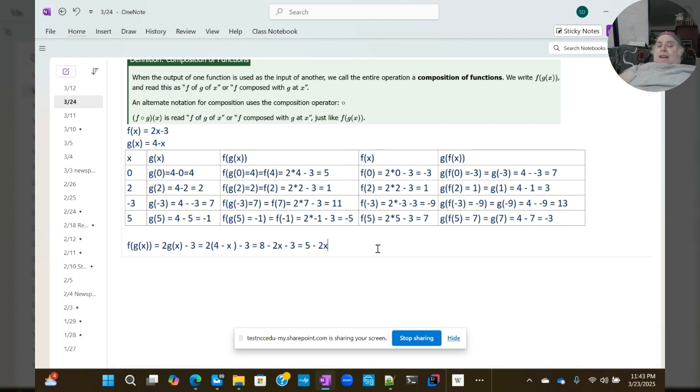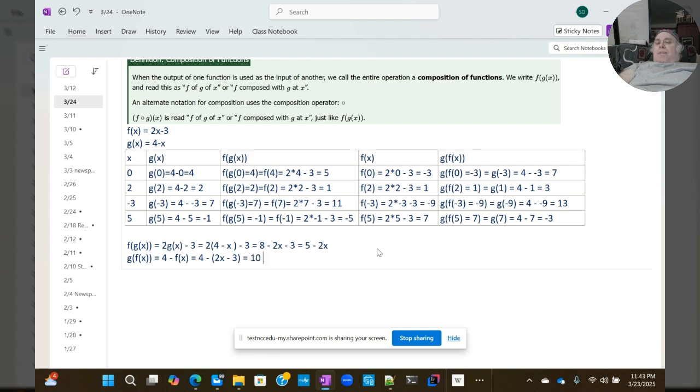Now, the formula for g of f of x, because why not? Okay, so in this one, we do the same thing. In this one, we're going to say that's 4 minus f of x. Now we got to put f of x in parentheses, 4 minus (2x minus 3).